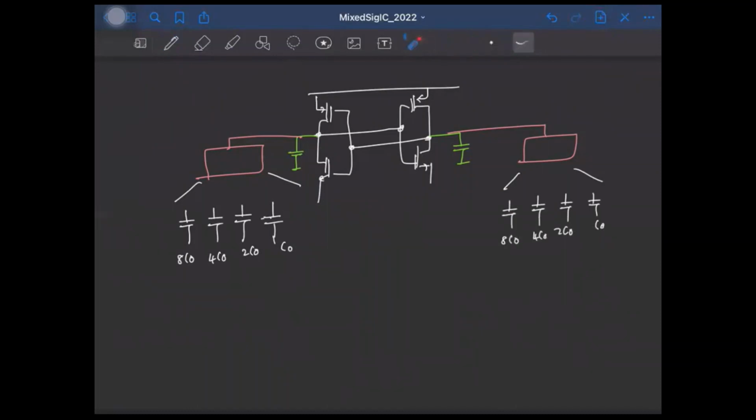And you can obviously put a combination of these capacitors in parallel on either of the halves to counter the mismatch in the capacitors. So that's about dealing with offset in comparators.